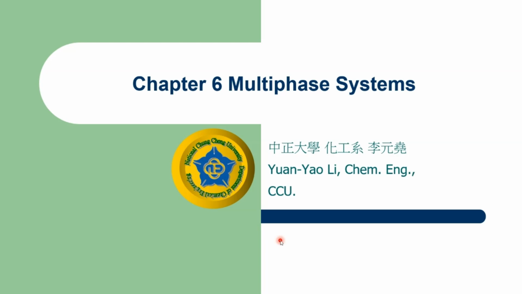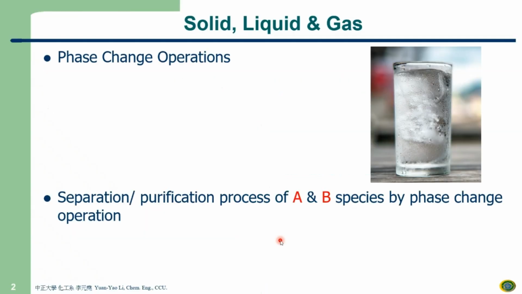It can be only one single component, or multiple components. So you can draw a chart like this: one phase, two phases, and then one component, multi-component. It's fun. So I'm getting excited. How about you? You're getting excited, right? To learn something new.